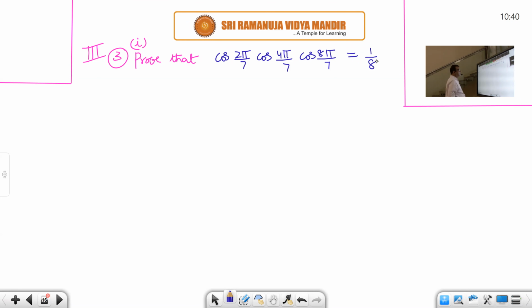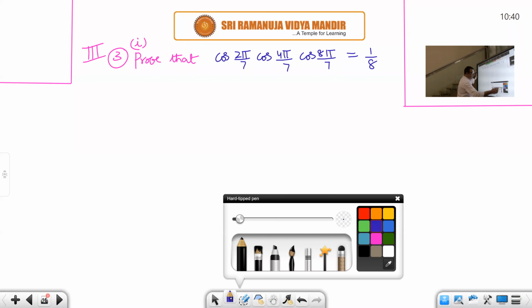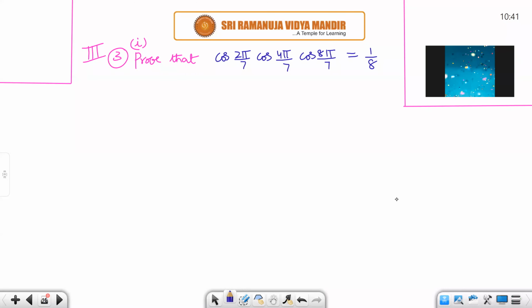Students will do it in two methods. So first method, Prabhas, are you there in the classroom? Now, Madhuri, are you there in the classroom? Yes, sir. So please help me in solving this problem. Okay.